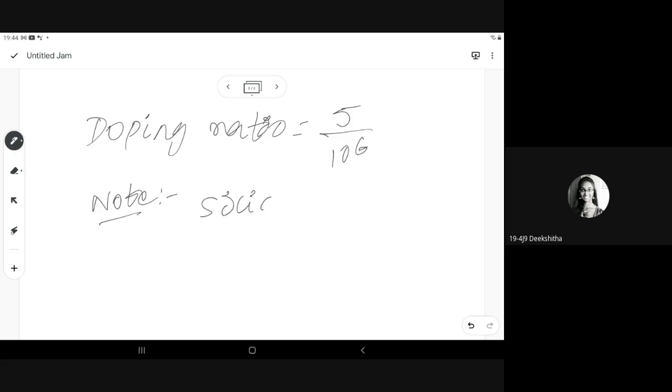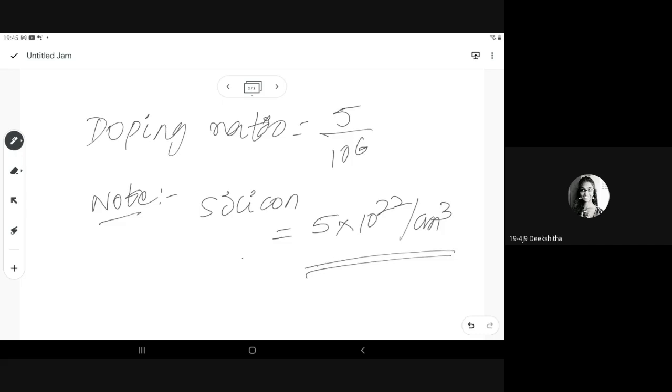For silicon, the total number of atoms per centimeter cube at room temperature is 5 into 10 power 22. Remember this. I will write the general values of silicon and germanium. We will discuss in the next class. Don't worry about that.